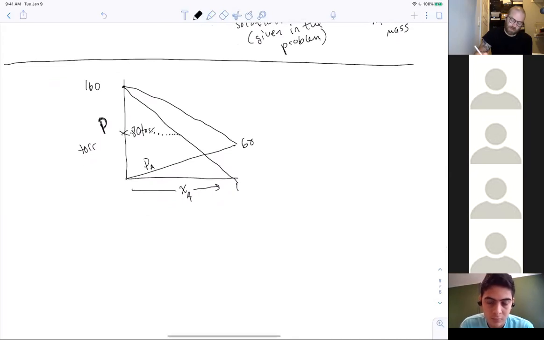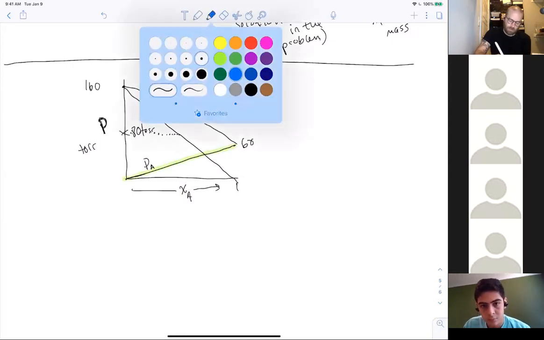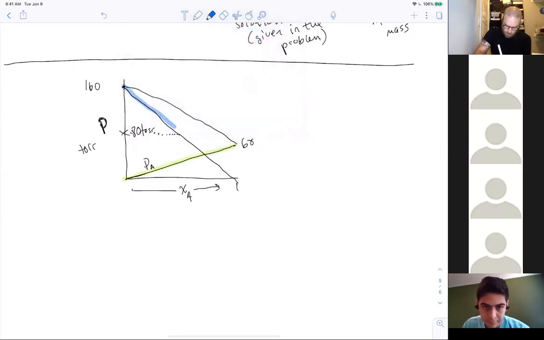This is the partial pressure of A along this line, and then the partial pressure of B is going to be this.